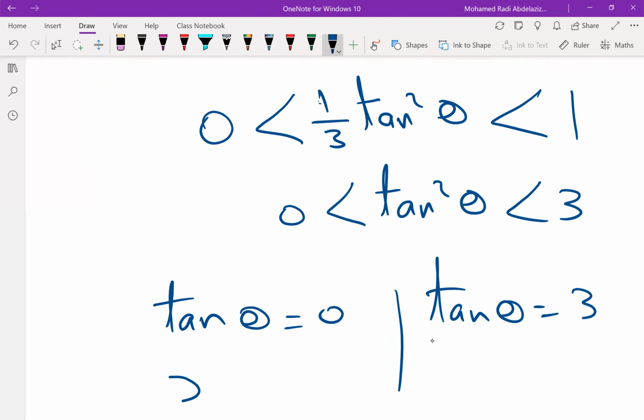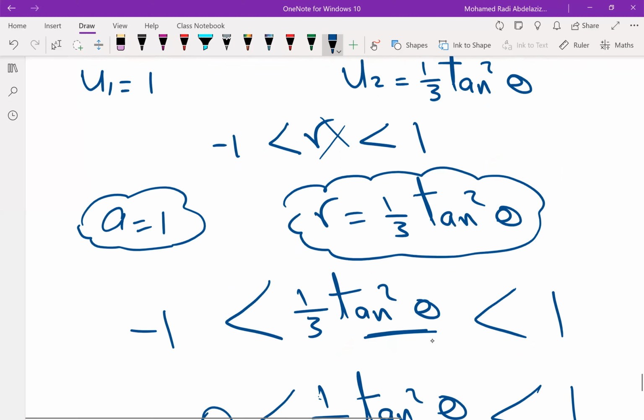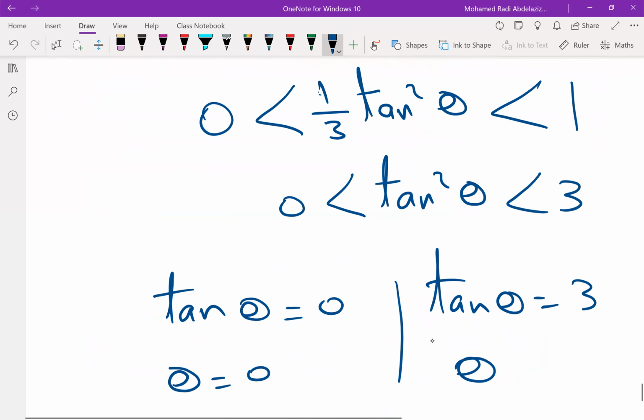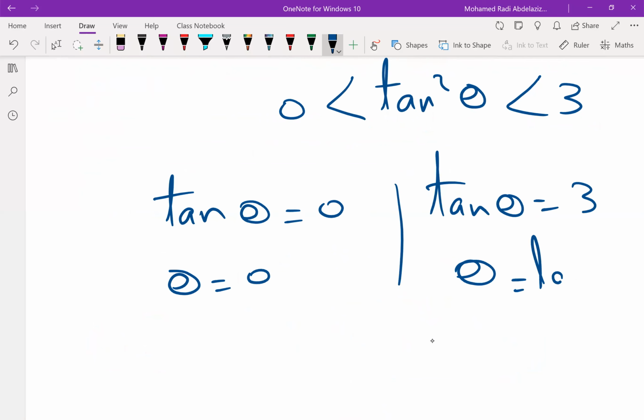Using shift tan, you can get theta: shift tan of 0, and shift tan of root 3.